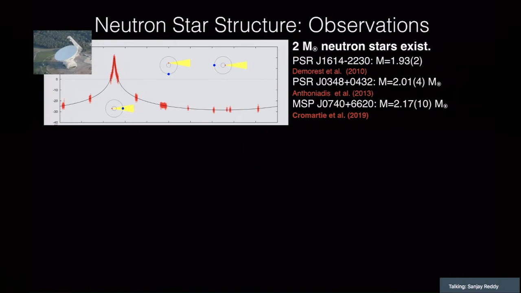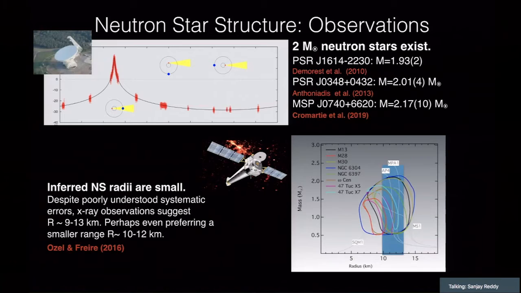The other constraint we'd like to have from observations is a measurement of the neutron star radius, because that's something that can also tell us about the equation of state. So in the past, neutron star radii were studied by looking at the X-ray emission from the surface of the neutron star.